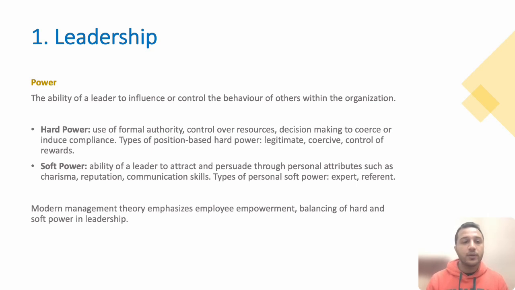Whereas in soft power, you use your personality, your communication style, your honesty, your integrity, by which you influence other people on what is the right thing to do. This is how a leader has to decide which tactic he has to use while exerting his power on other people.